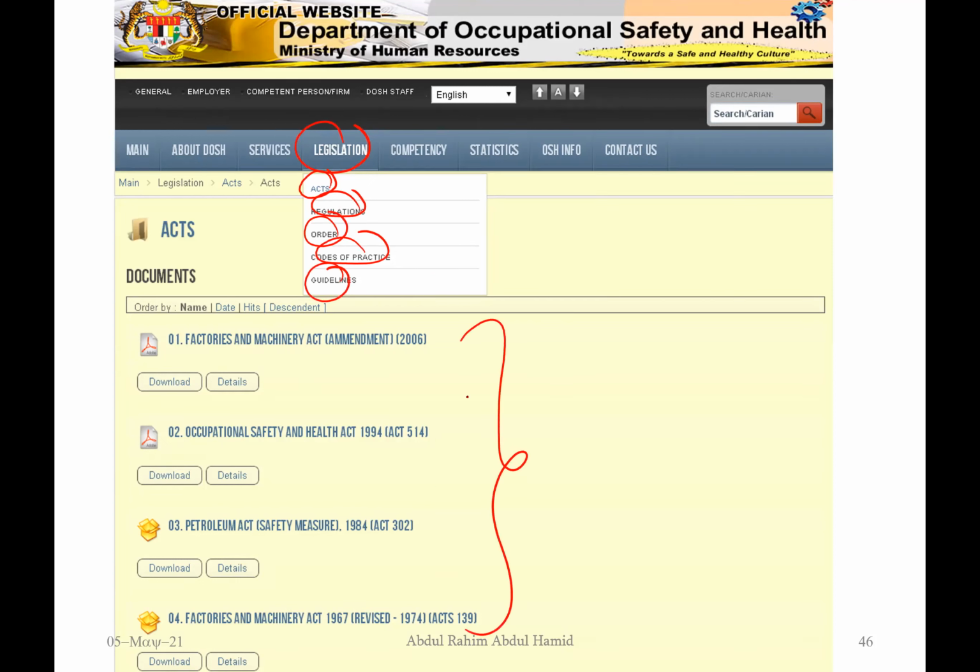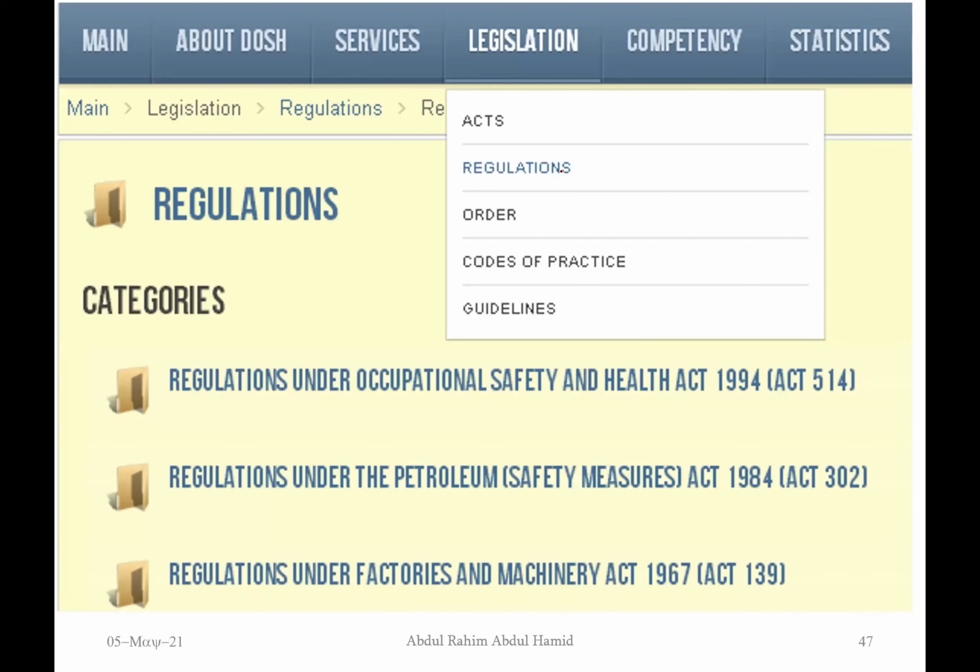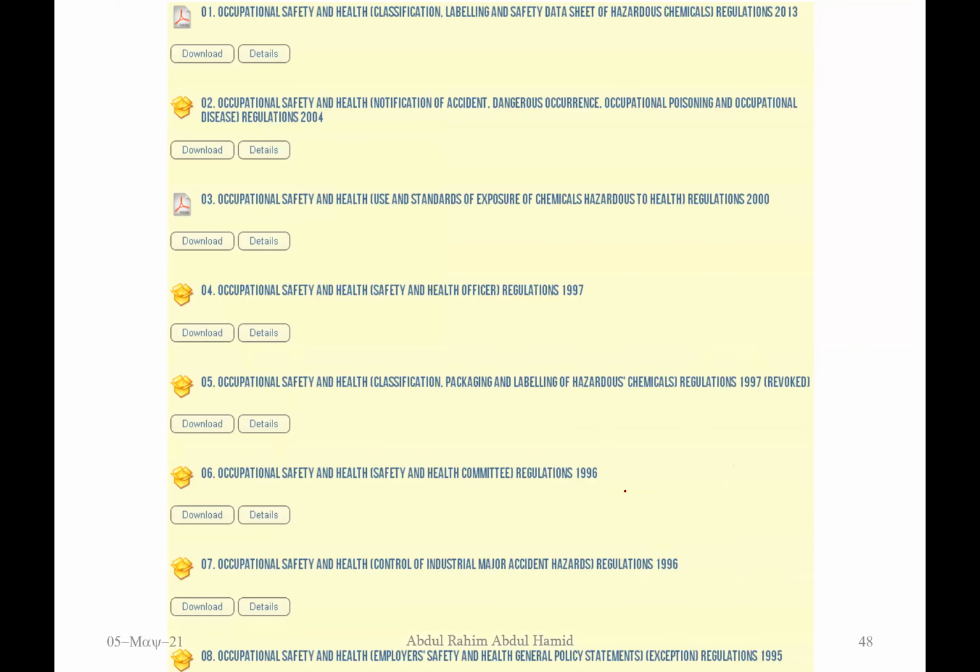This is an example of the act. Then you click on regulation. This is an example of regulation. Regulation under OSHA, regulation under machinery are different. Okay, these are examples of regulation. The word regulation is here.